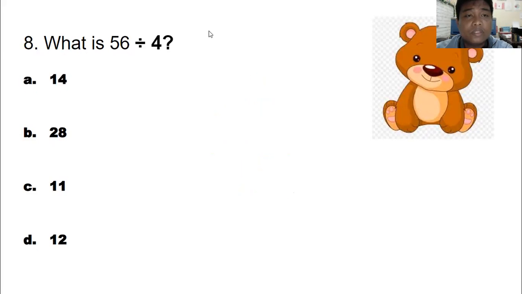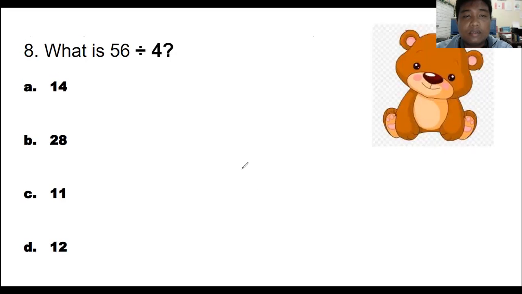Next, now what is 56 divide 4? No, sorry. So, okay, 56 divide 4. Okay, so 5 divide 4. Okay, so 4 times 1, no? 4, because 4 times 2 is 8, no? It's bigger than the dividend, no? So, oh no, sorry, I'm wrong.